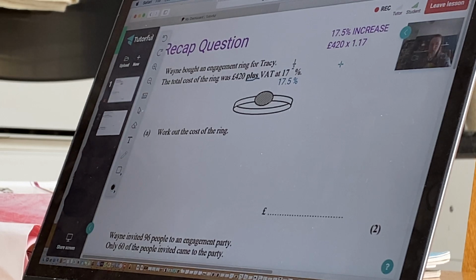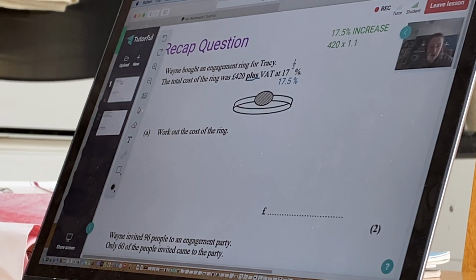Is it 7? I got it. What have you got? Is it 714 or 7.14? It's 7.14.